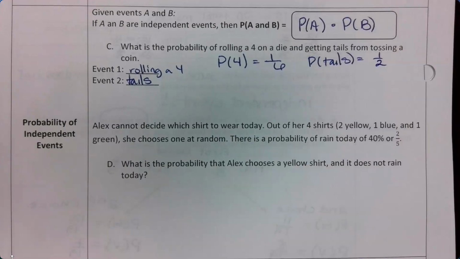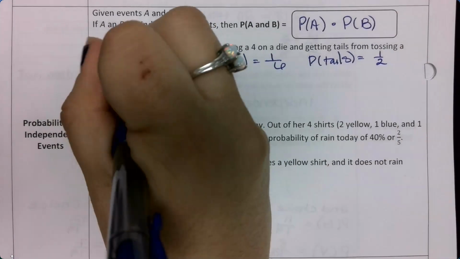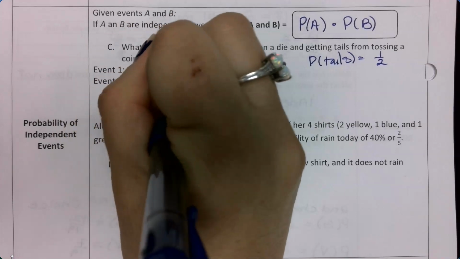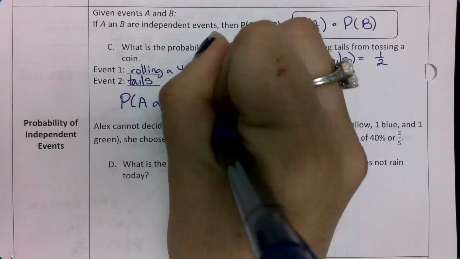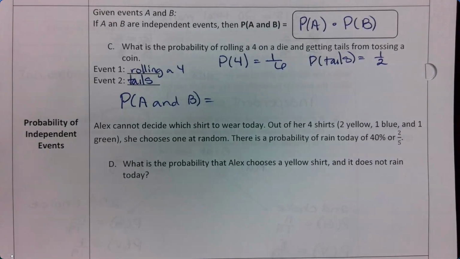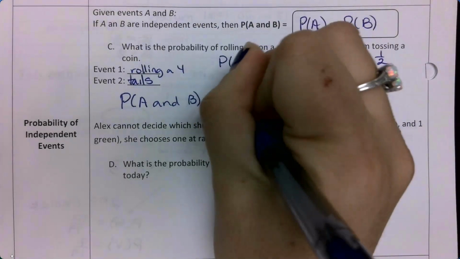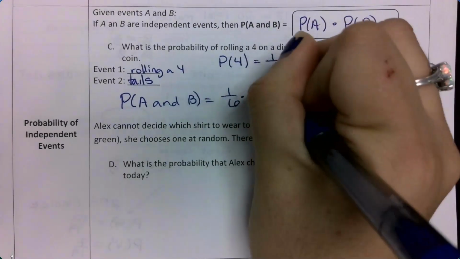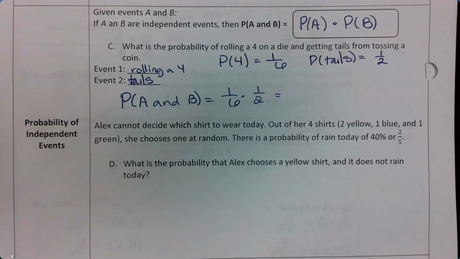So to find the probability of doing both, I'm going to multiply my two fractions together. I'm going to take 1/6 times 1/2. If I'm multiplying by hand, remember you multiply fractions by multiplying straight across. What's 1 times 1?